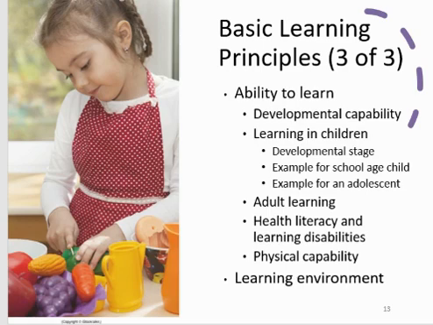So, if I were going to be teaching a school age child about healthy eating, I would approach that very differently from an adolescent. An adolescent wants to make decisions about their own health and health promotion, and they're very much in the problem solving and learning how to problem solve developmental stage.